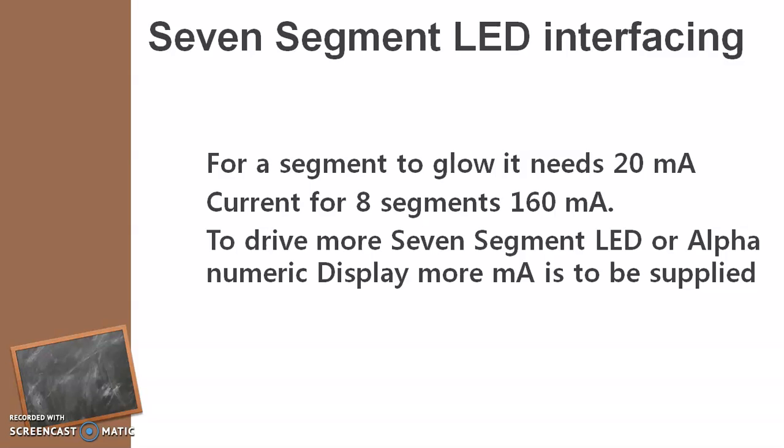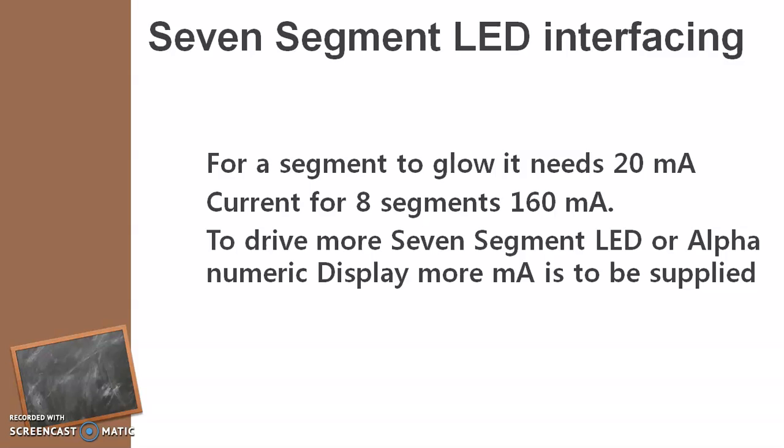Multiplexed display connections means selecting one at a time. When you have 7 segment LED displays to be connected, and you want to display 8 numeral characters on the board, multiplexing means selecting only one.